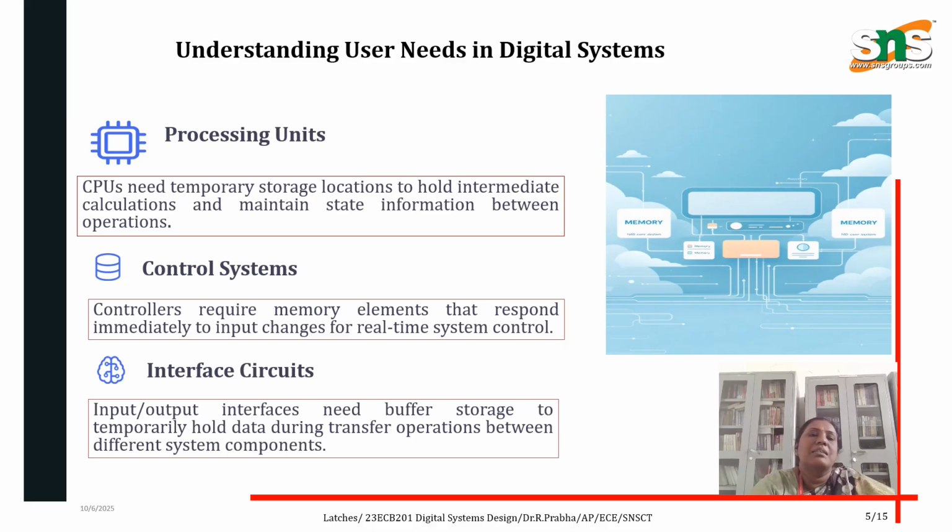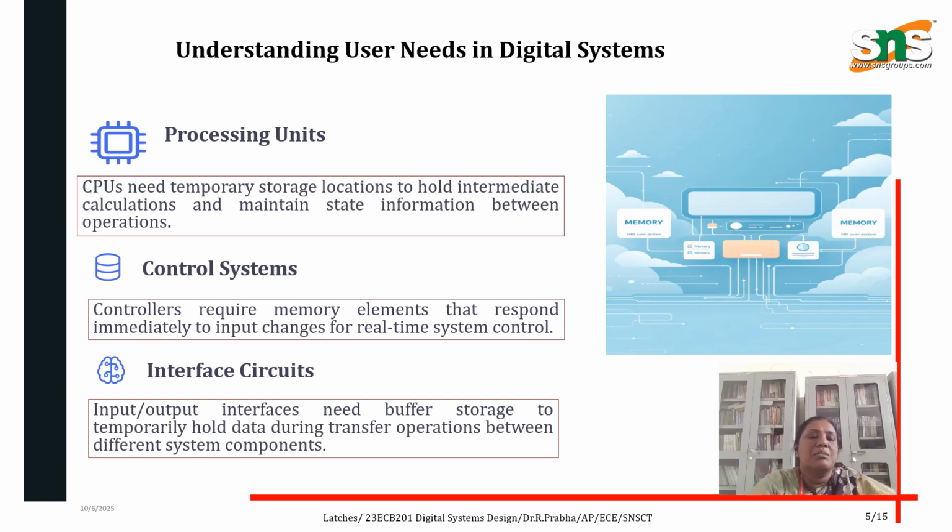So, understanding the digital system need, for example, if we take processing unit considering CPU, central processing unit, in order to hold intermediate calculations and maintain state information between operations, it needs a memory storage.